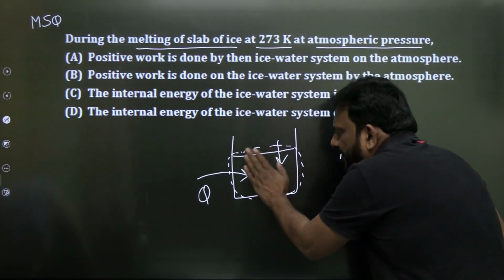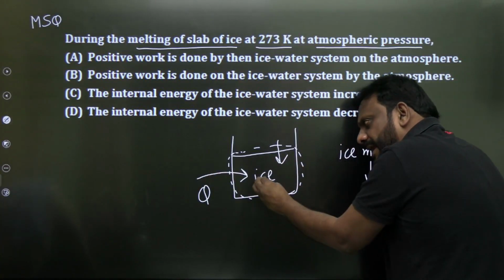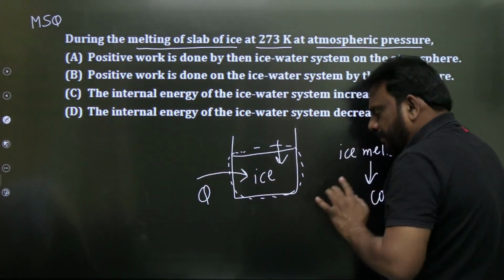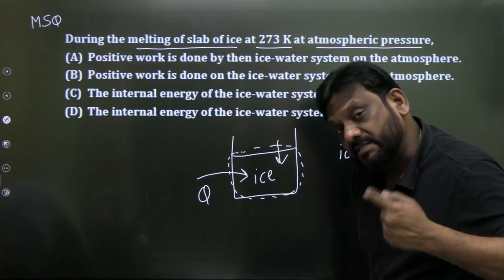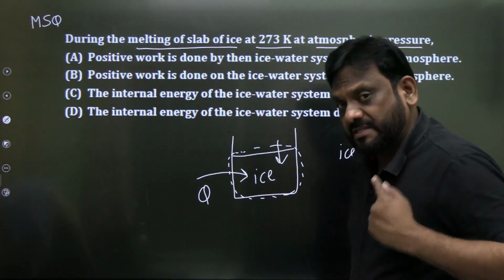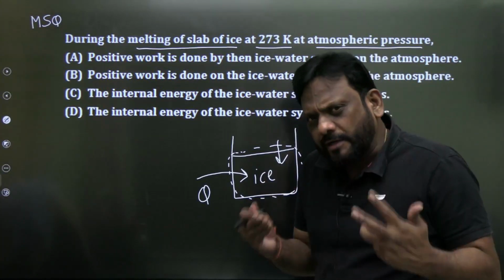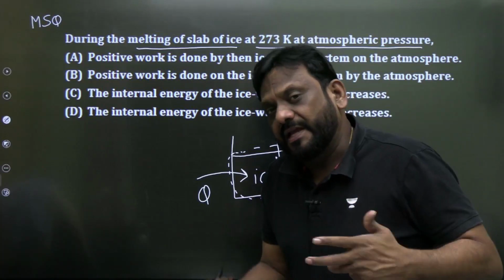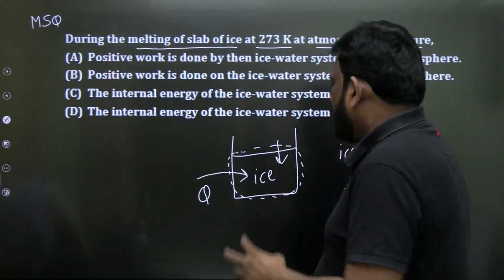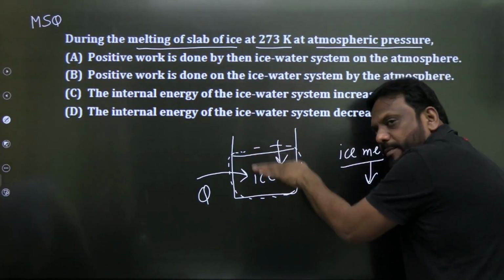So if I take this as a system, heat is supplied, so heat supply is positive, and when ice melts, the volume decreases. All these I had explained in my thermodynamics class, why it contracts, because of cage-like structure, hydrogen bonding. All these I had explained in my regular classes. So when ice melts, it contracts, the volume decreases.